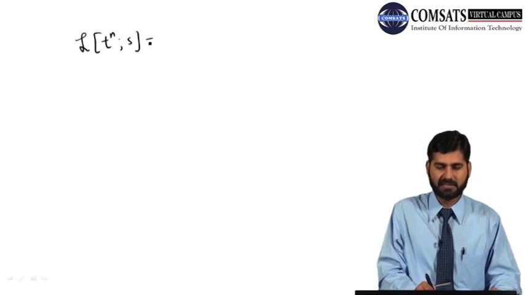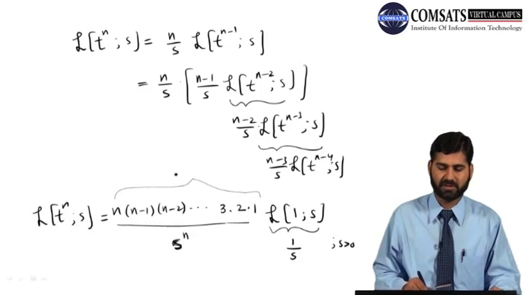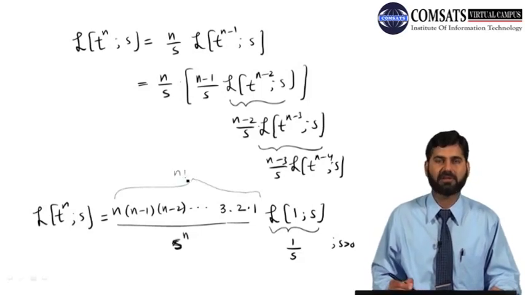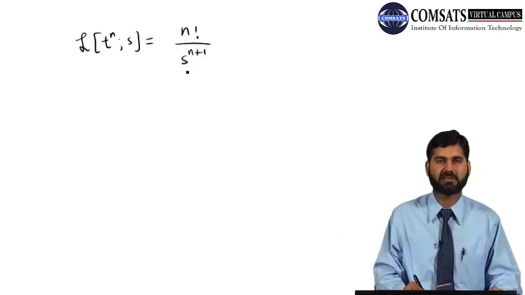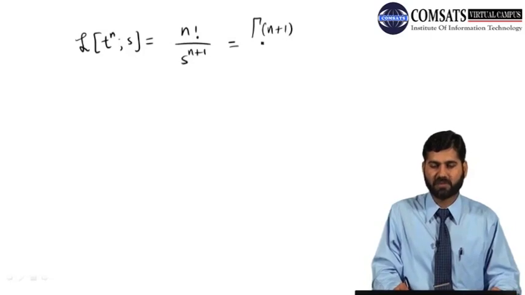So it means your Laplace transform of t^n at s is n factorial over s^(n+1). You see there are s^n and 1 s comes from here. So s^(n+1), and this is n factorial. All right. So you got this thing. Or you can write it using the gamma function: Gamma(n+1) over s^(n+1).